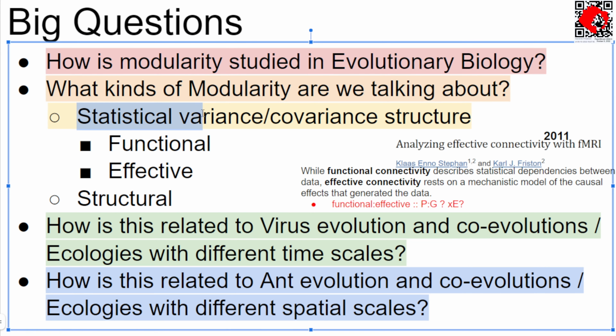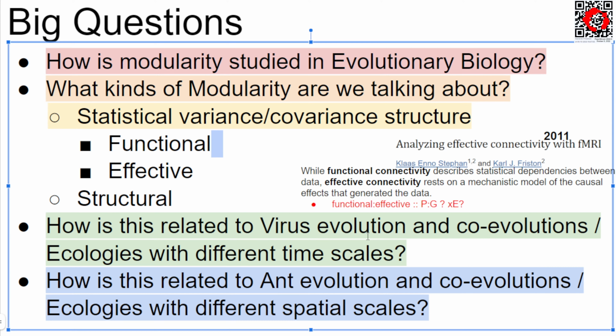The definition that's going to be used throughout is the statistical variance and covariance structure in terms of phenotypic variation, like morphological traits on the body of an organism. And there are going to be a lot of parallels with notions of functional, effective, and structural connectivity and modularity in neuroimaging.